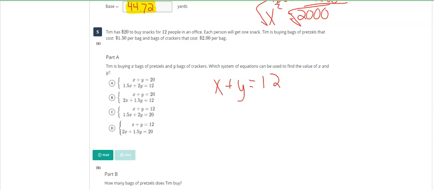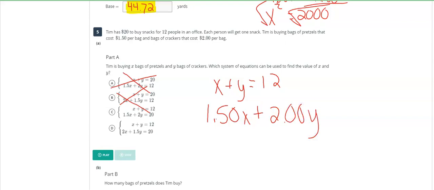So that already crosses off A and B. We also know that pretzels are $1.50, so I'm going to have $1.50 for X, plus we know that bags of crackers cost $2, and that is Y. I also know that Tim only has $20, so the amount of money he spends has to be equal to 20 or less.